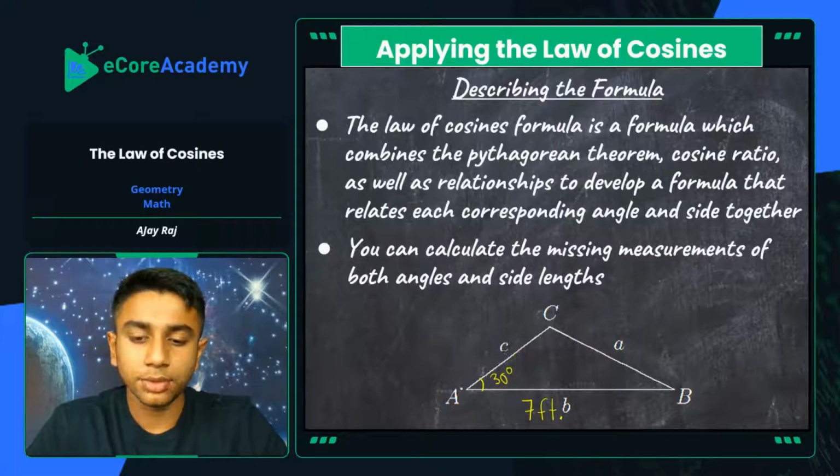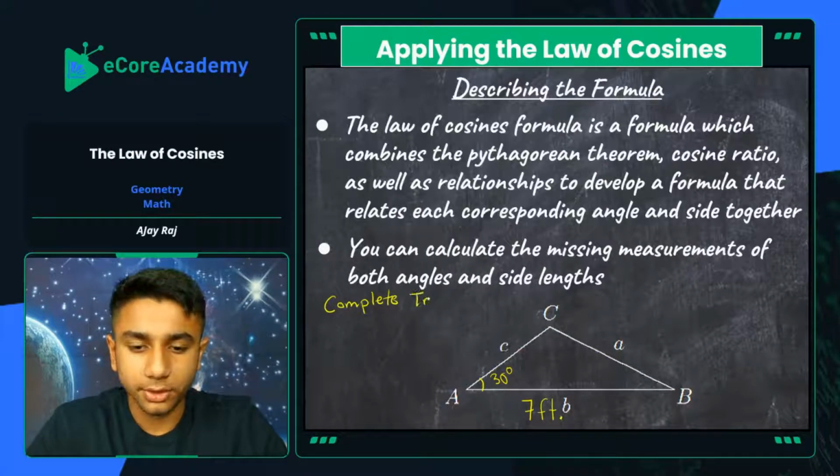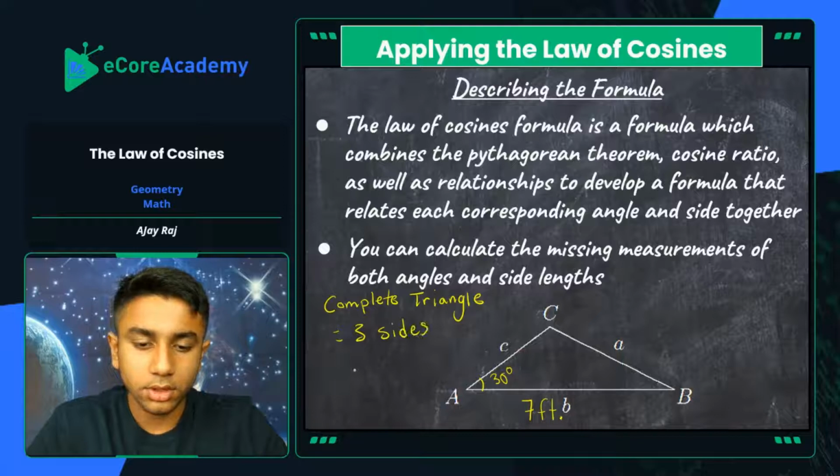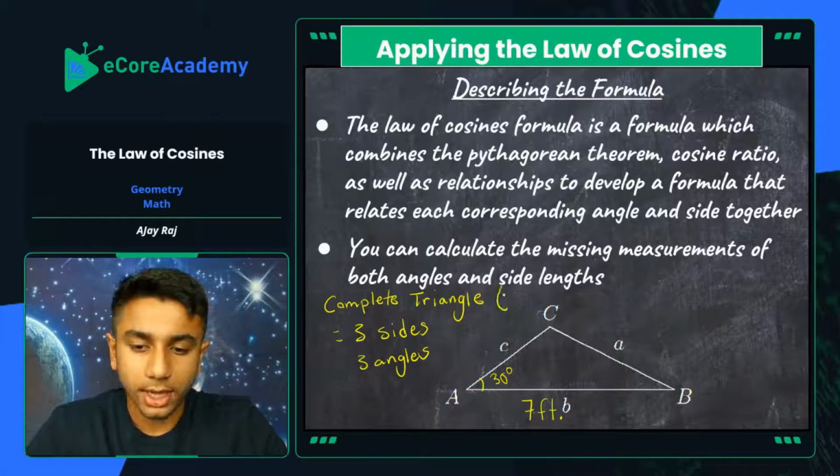Then we can complete the triangle, which I referred to in my previous video. Complete triangle equals 3 sides and 3 angles. I just want to put in here, this is a verb, not a call to action.